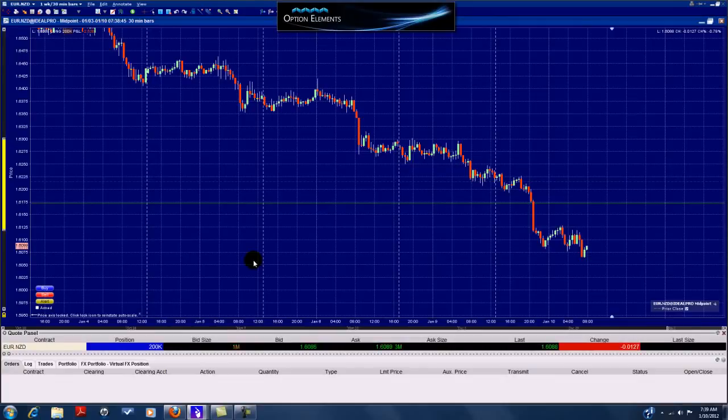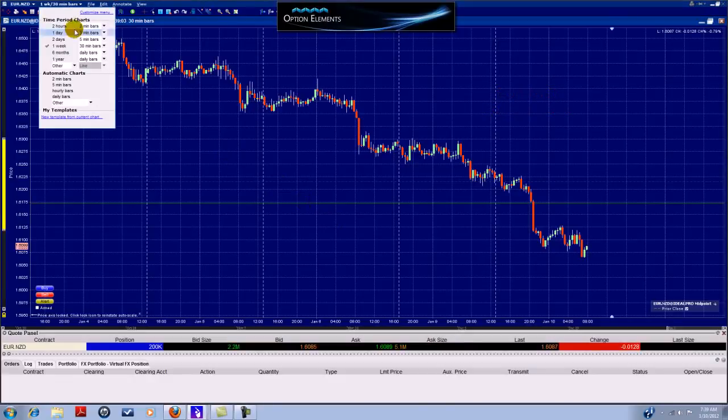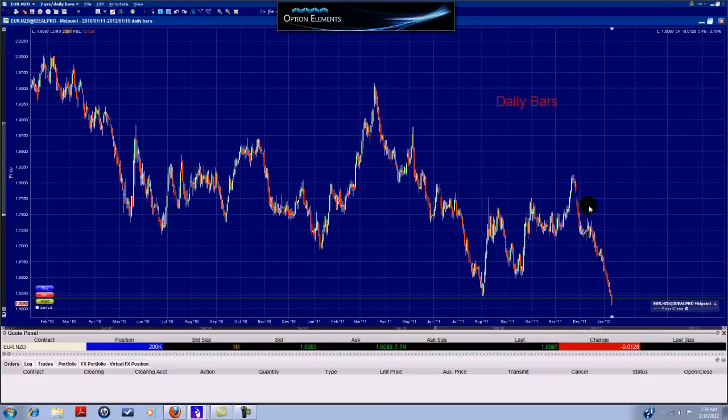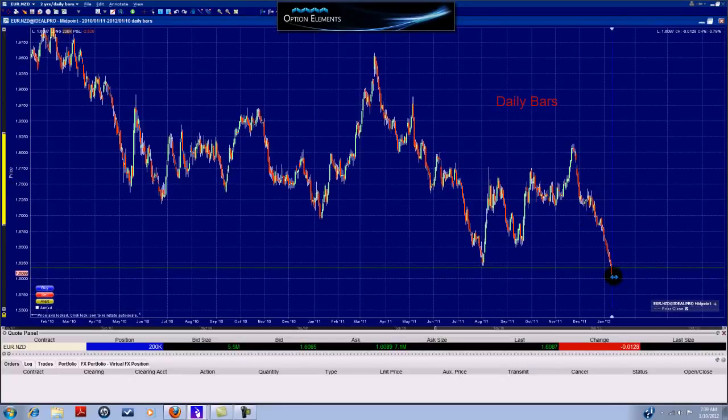And last night in the night market I was able to put on our base back again in the Euro New Zealand dollar pair. This is our longer term position trade. Sooner or later, hopefully sooner than later, I'm expecting a nice retracement, a nice pop to the upside, possibly 600 to 800 pips.